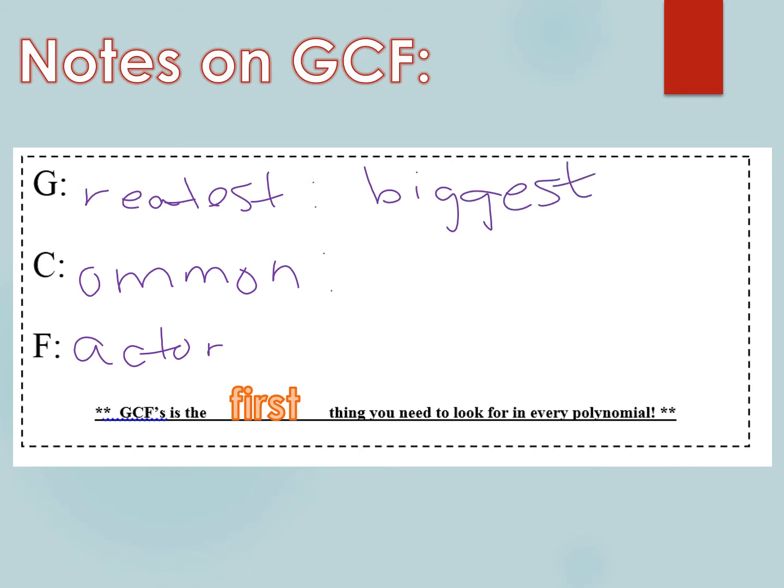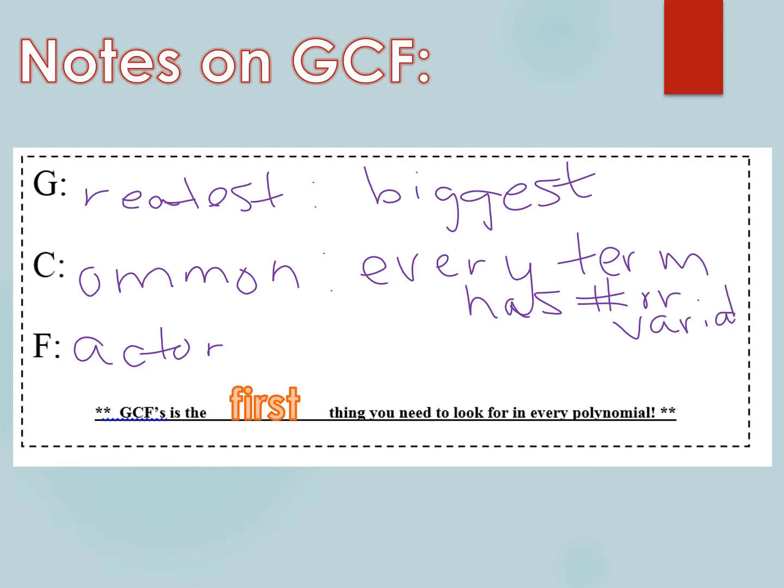Common means every single term has to have it, so every term has the number, or it could be a letter or a variable. And the factor means the things that multiply. So we're looking at the things that multiply to make up these numbers or variables. GCF is that first thing that you always want to look for when you are factoring a polynomial.